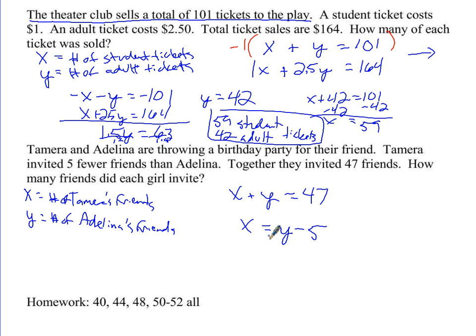I'm actually going to use substitution on this because I know what x is. So that means that this y, this can go in for that. X is this, which means I can substitute it there. So I'm going to write y minus 5 plus y equals 47. Then what? Combine your like terms. Y plus y is 2y minus 5 equals 47. And then what?